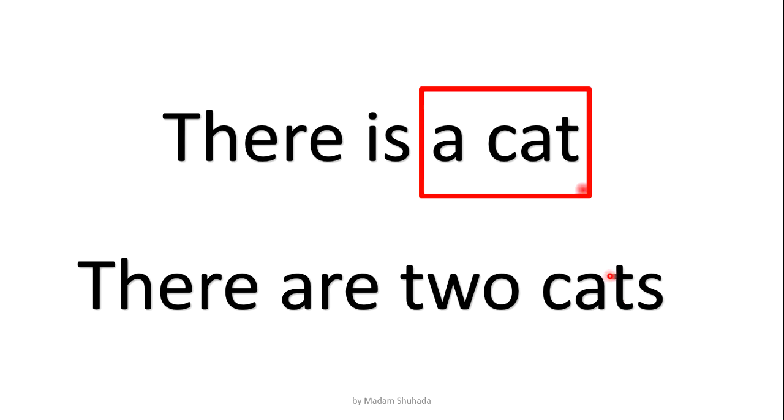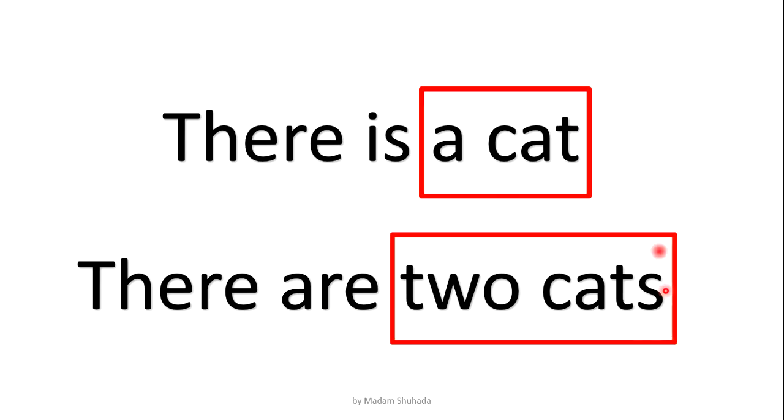So the agreement will help you to choose whether to use is or are. In this first sentence, a cat.